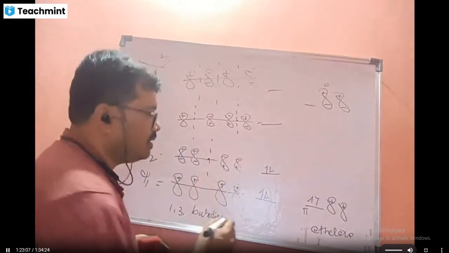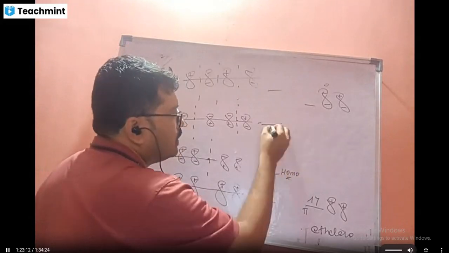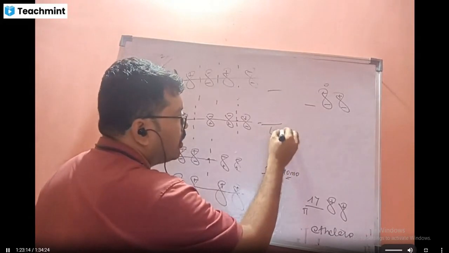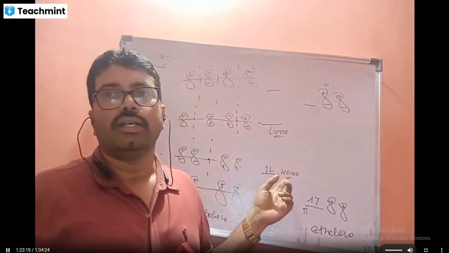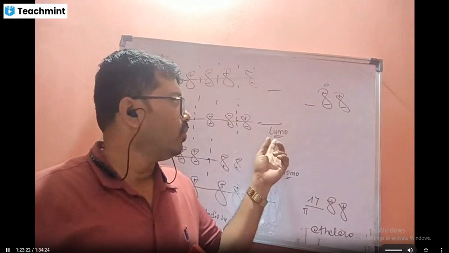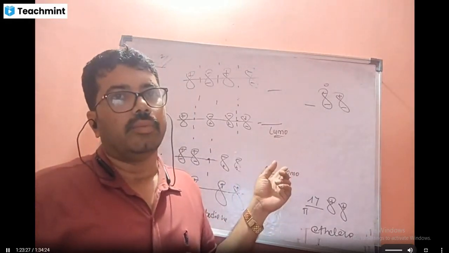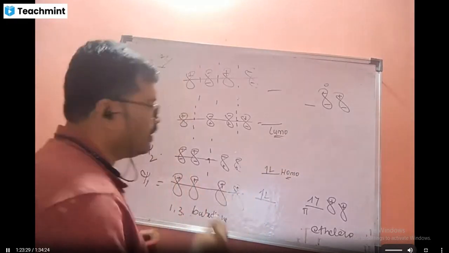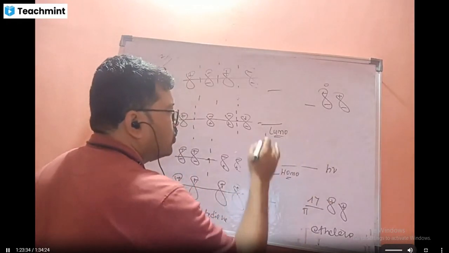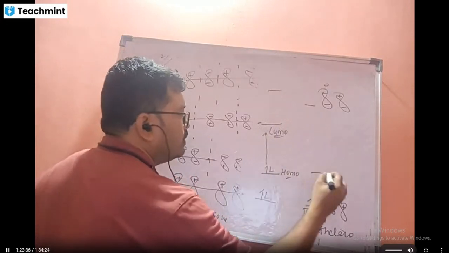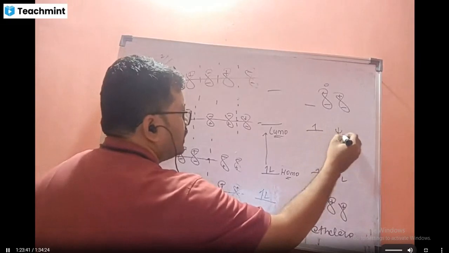Here we call this the highest occupied molecular orbital, HOMO, and the lowest unoccupied molecular orbital, LUMO. We need to know all these names. HOMO means highest occupied molecular orbital. LUMO is nothing but the lowest unoccupied molecular orbital. When light radiation is absorbed, there is a transition from HOMO to LUMO, from psi 2 to psi 3.